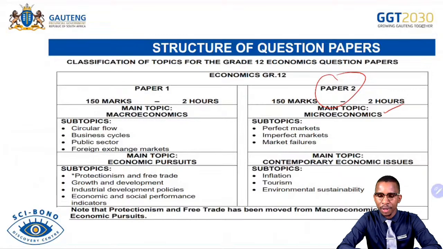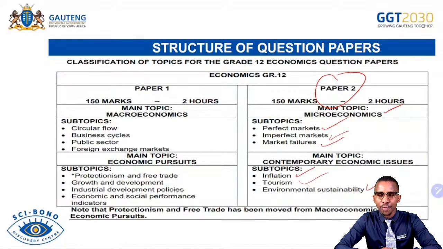microeconomics as the main topic, where you come across perfect markets, imperfect markets, as well as market failures. And then we have contemporary economic issues, where we discover the likes of inflation, tourism, and environmental sustainability.